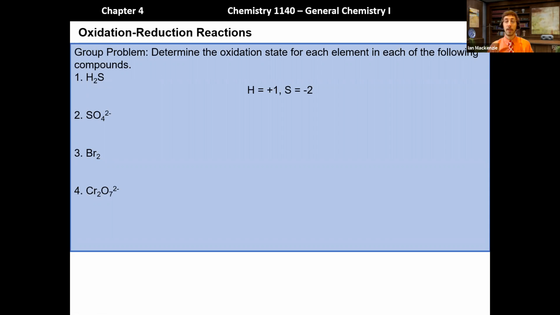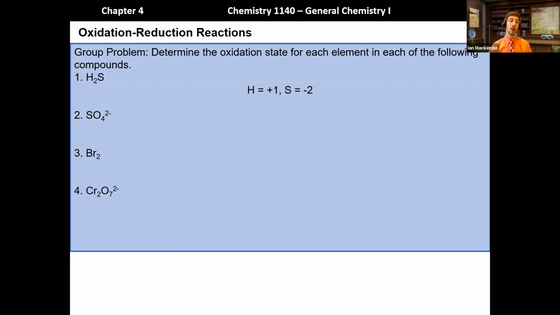In the sulfate anion, I see that my overall charge is -2. Each oxygen is -2. And again, I don't know anything about sulfur in this particular compound, but I know that the sum of the oxidation states must equal the overall charge. So each oxygen is -2, that gives me -8.